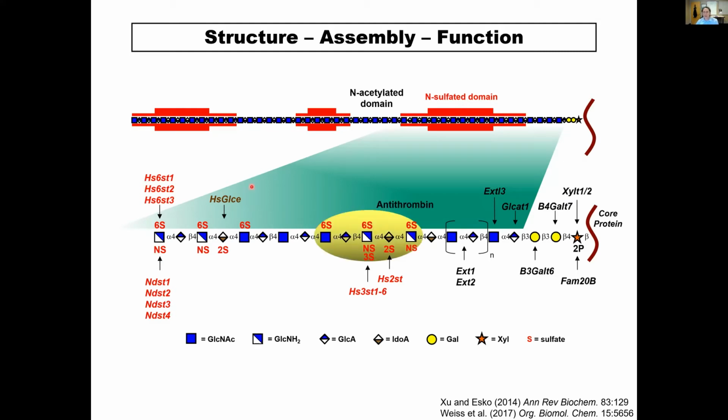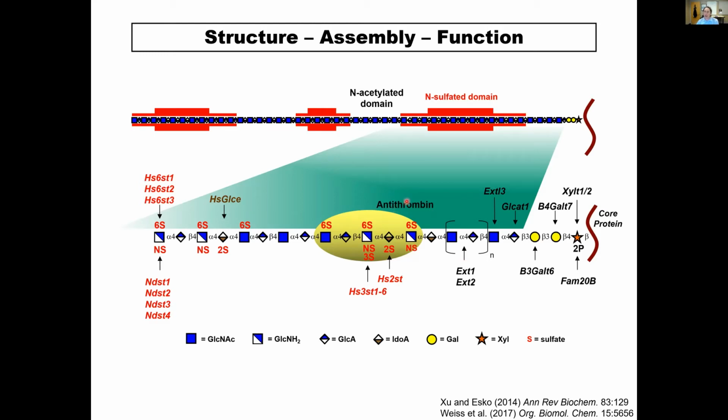So for instance, antithrombin, which is a serine protease inhibitor, this factor is involved in the blood coagulation cascade. So it's an anticoagulant that is not as active as when it interacts with heparan sulfate and the more highly sulfated form of heparan sulfate known as heparin.